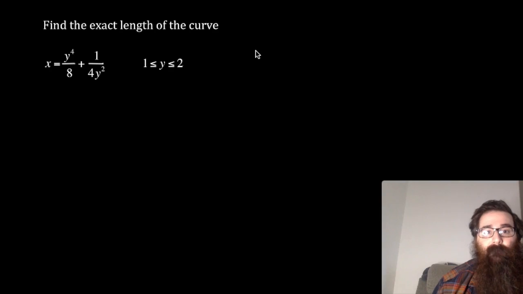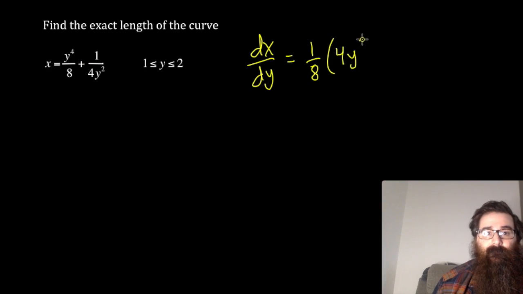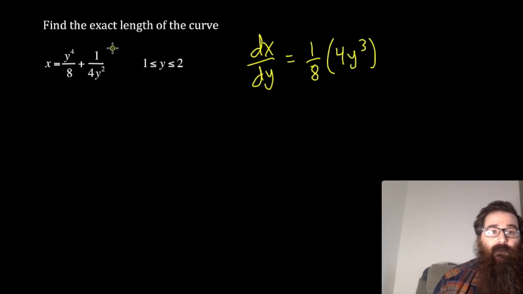I do need my derivative, dx dy in this case. If I differentiate, my coefficient 1/8 comes along for the ride. The derivative of y to the fourth gives me 4y cubed. And then think of this 1 over 4y squared as 1/4 and then y to the power of minus 2 for that one term.